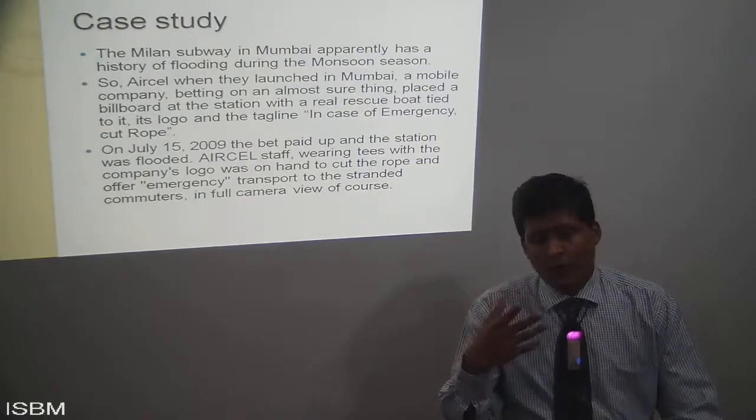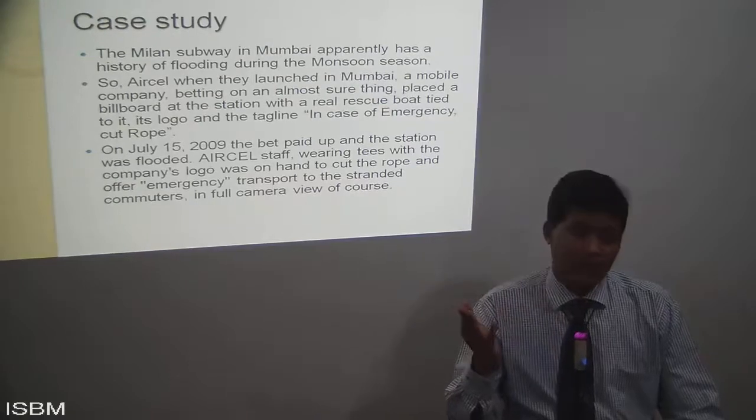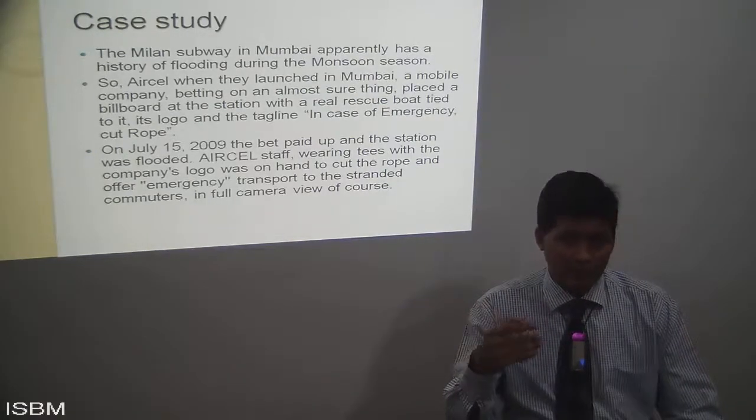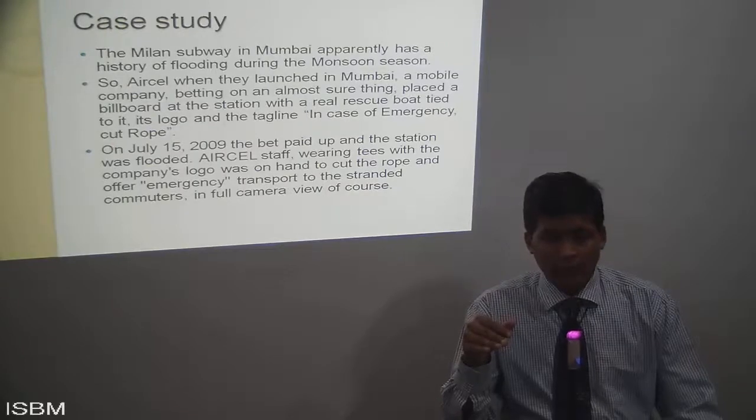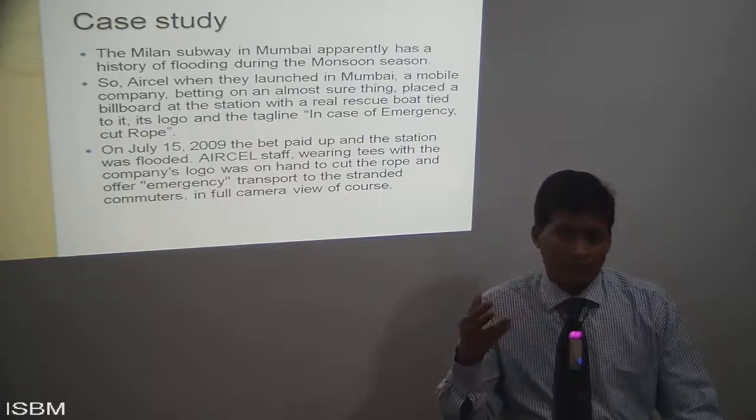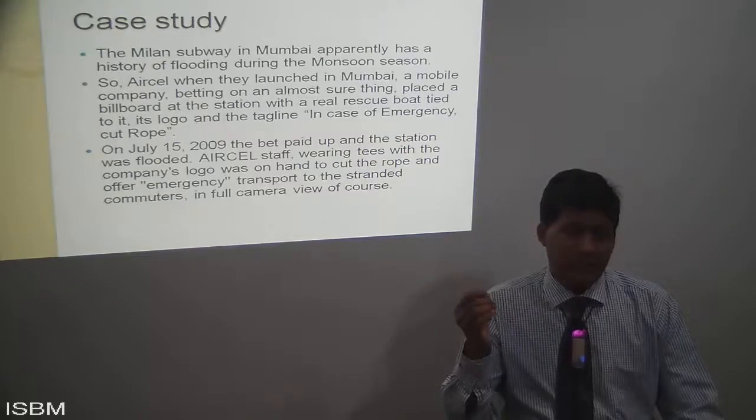For students from other parts of the country or the globe, this is a small subway where people normally commute through either four-wheelers or two-wheelers. They tend to get waterlogged every time.